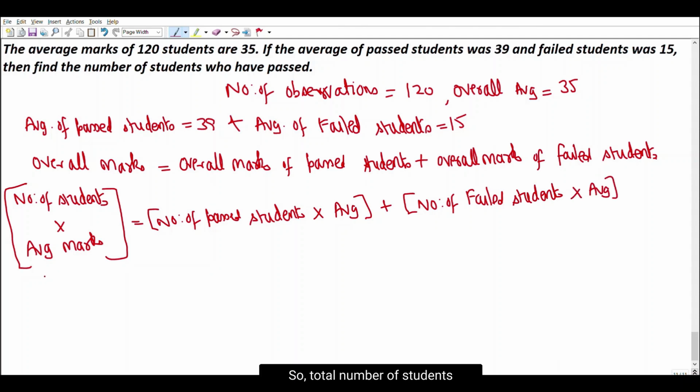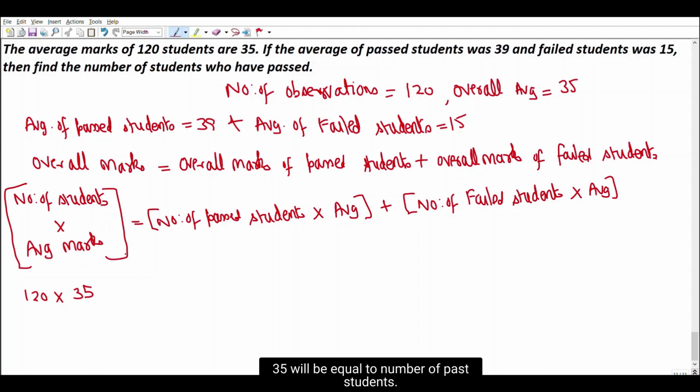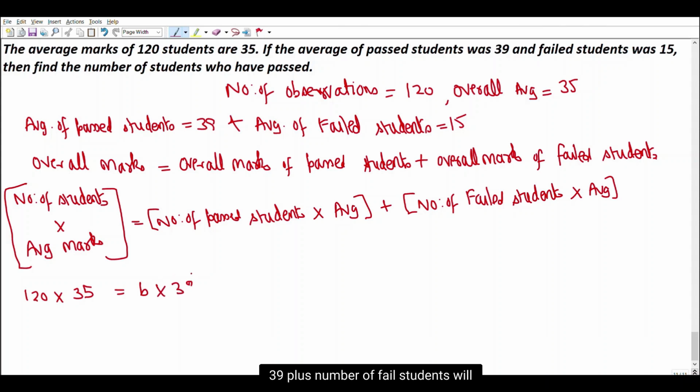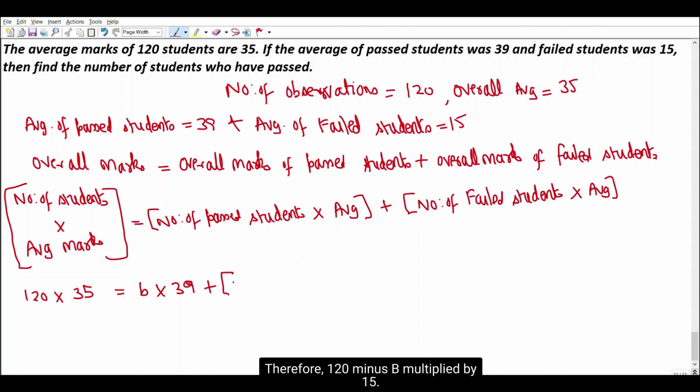So total number of students is 120 multiplied by average 35, which will be equal to number of passed students, we assume it as B, multiplied by its average 39 plus number of failed students, which will be total minus passed, therefore 120 minus B, multiplied by 15.